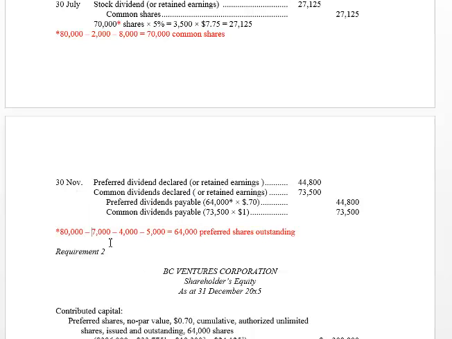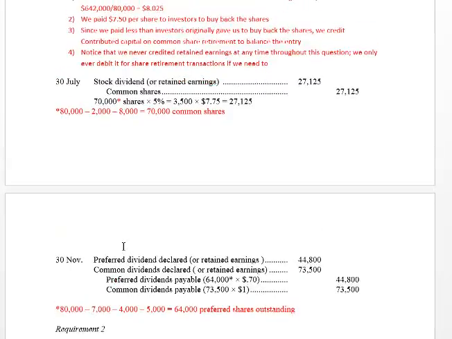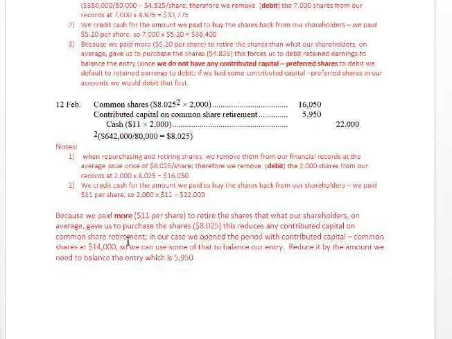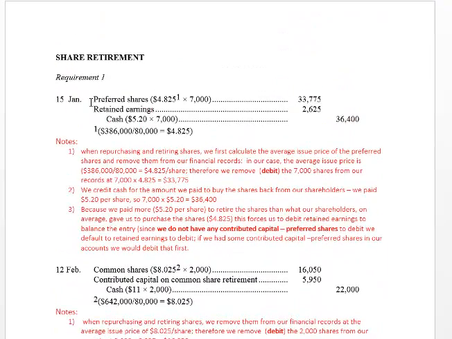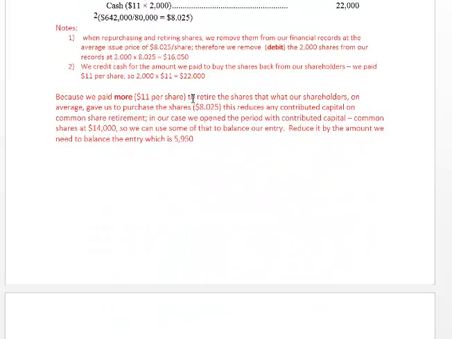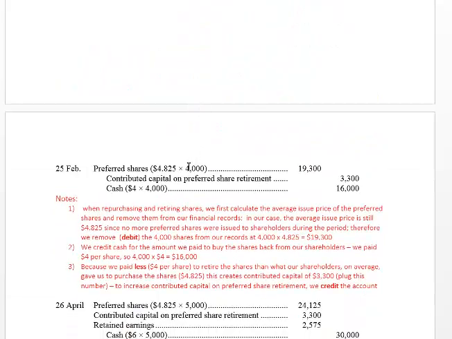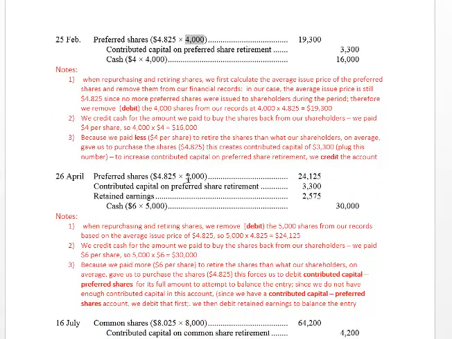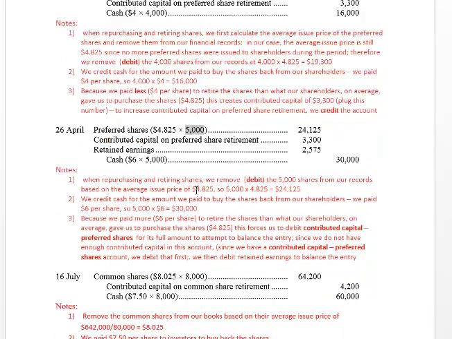After January 1st, X5, you'll remember that way back on January 15th, we bought back and retired 7,000 of those shares. You'll also notice if you go back down to February 25th, we also retired 4,000 additional preferred shares, and again on April 26th, another 5,000.